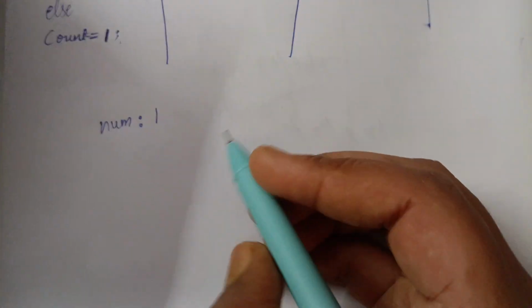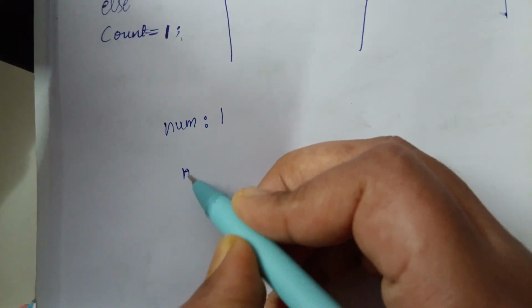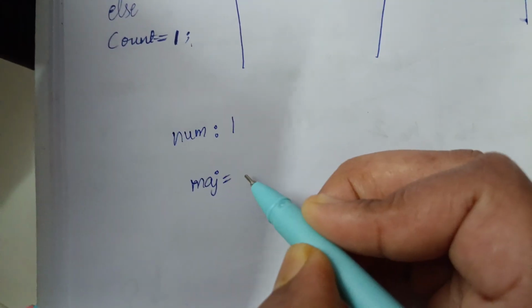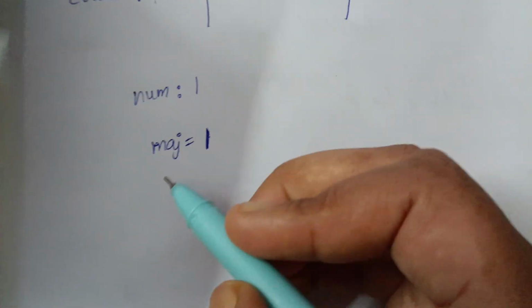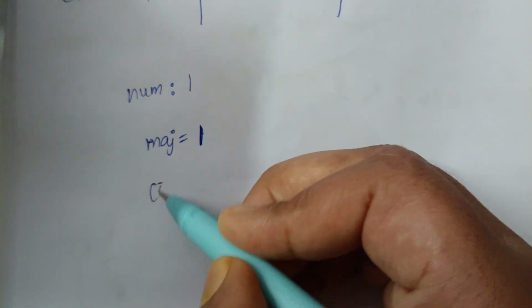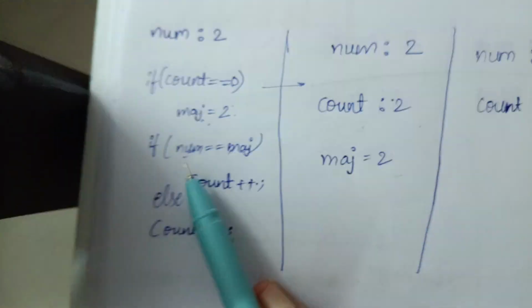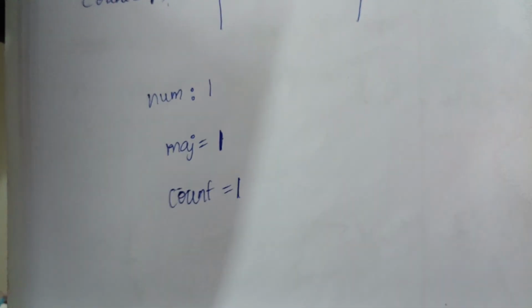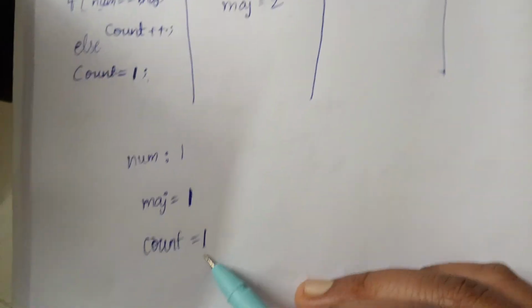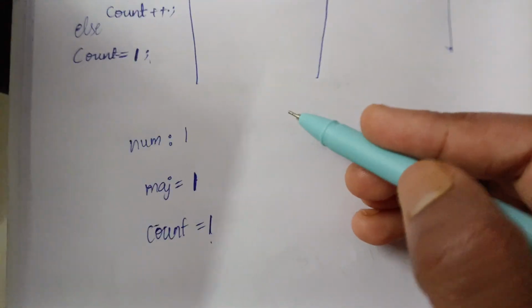So what we'll do, we'll replace the majority with the num value. What is majority here? The num value only. So majority will be 1. So we'll increase the count, since num == majority, both are the same. Now we are increasing the count to 1, like 0 plus 1, 1. This is what we are doing.